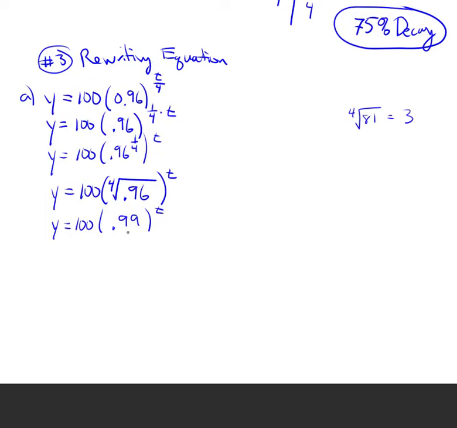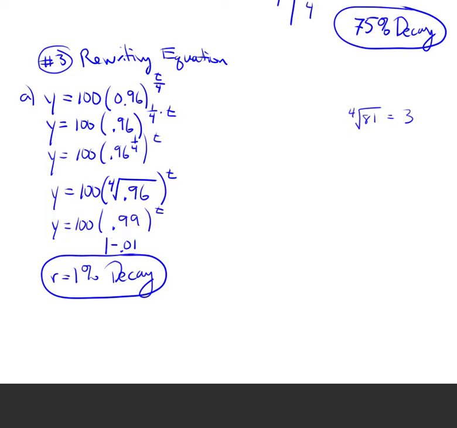This is a decay because it's less than 1. If I think about 100% minus 1%, that would be a 1% decay, so our r percentage is 1%, and it is a decay.